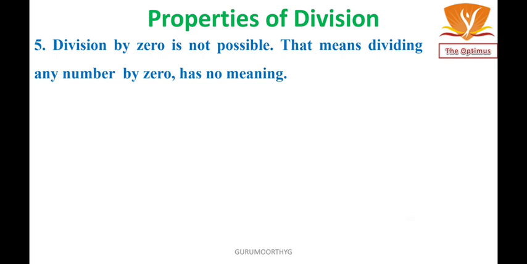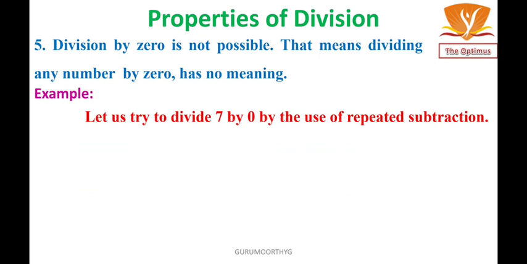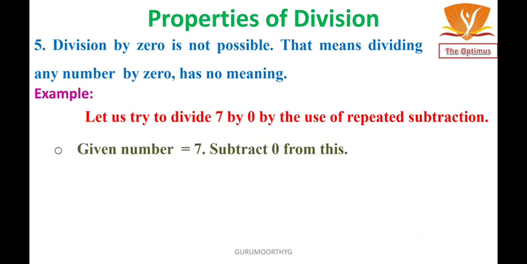Example, let us try to divide 7 by 0 using repeated subtraction. The given number is 7. Subtract 0 from this. What is left behind? It's 7. That means 7 minus 0 equals 7.